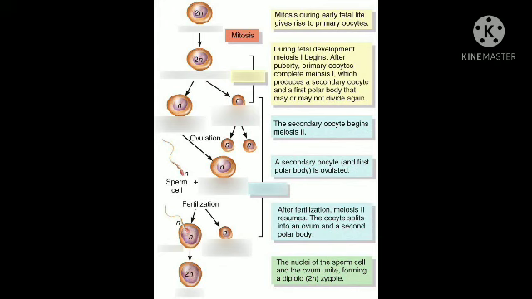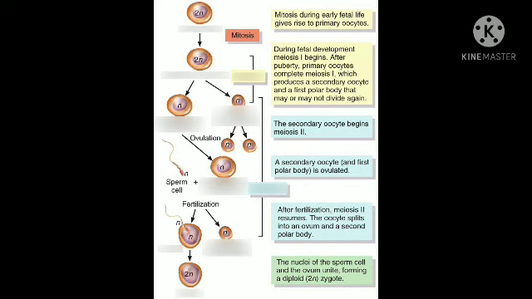After fertilization, the nucleus of the sperm unites with the ovum to produce a functional diploid zygote. So ovulation occurs at day 14, and when it receives the sperm, only then does it undergo fertilization and complete meiosis 2.